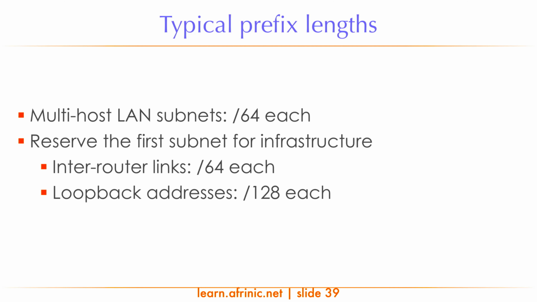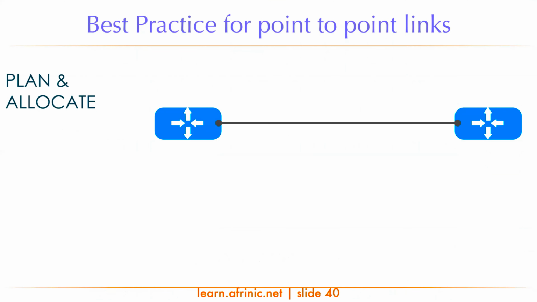So when you talk of point-to-point links, we said you plan an allocated /64, but you can configure /64, /124, /126, /127. So we recommend configuring a /127. Why? And I'll also mention why you might go back to doing /64s.